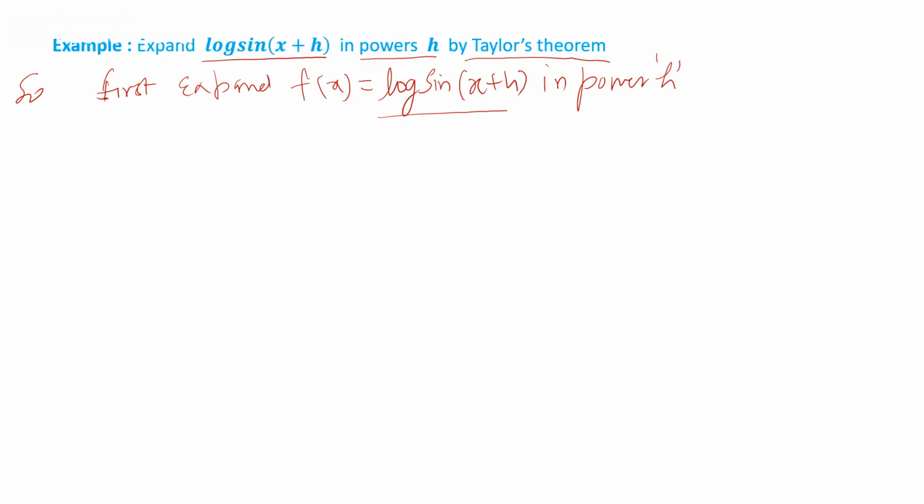So if the function is sin(x plus h), we denote this not as f(x), we write it as f(x plus h). Now if the function f(x plus h) is log sin(x plus h), then we can let f(x) be log sin x. Okay, now f(x) is log sin x and f(x plus h) is log sin(x plus h).